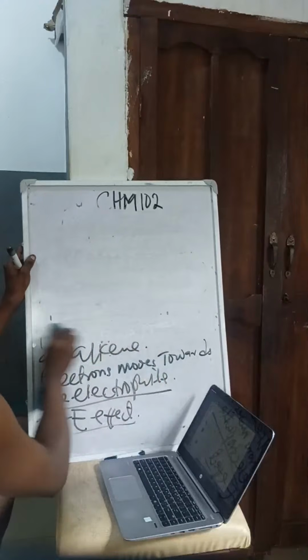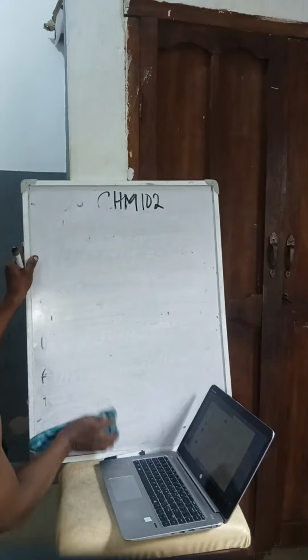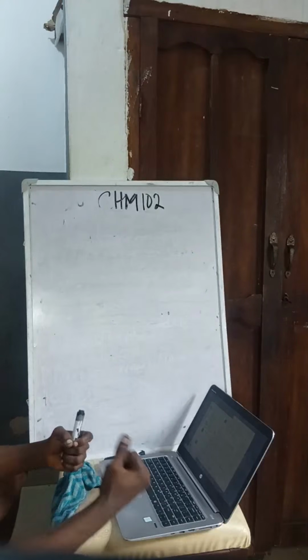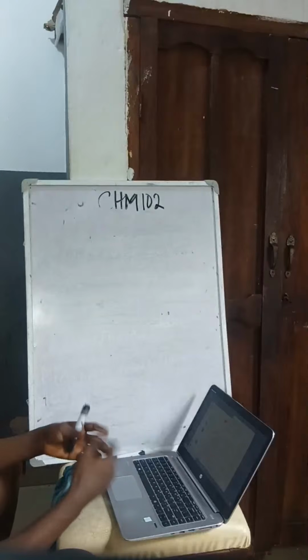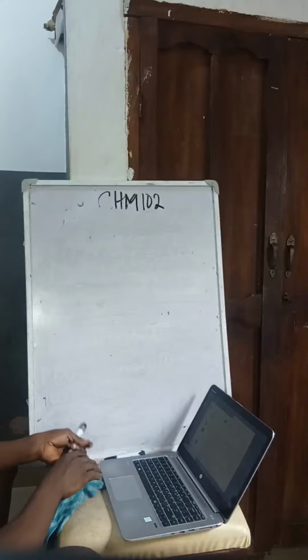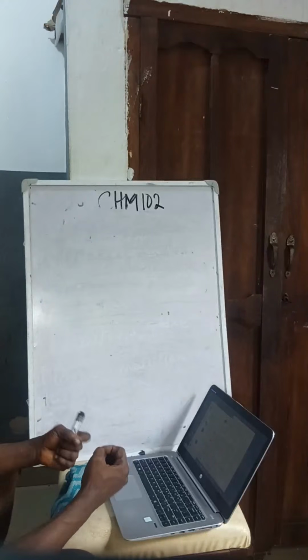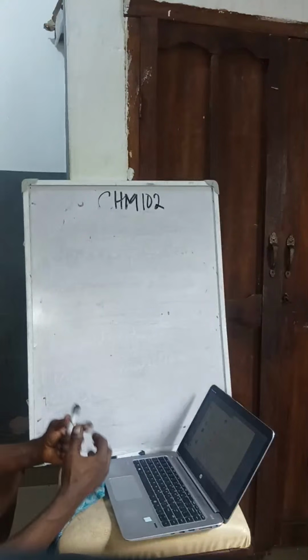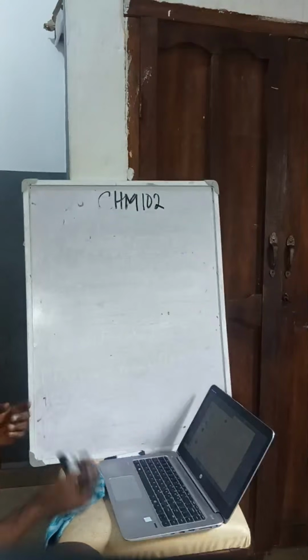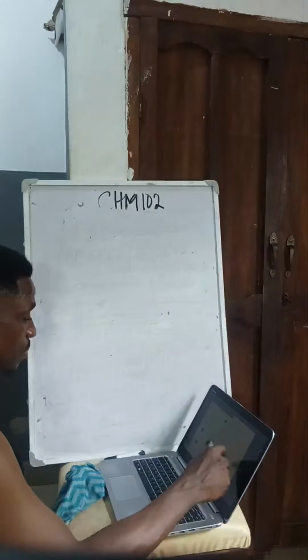Now, when you have addition of HCN to an alkene, HCN will produce cyanide, and cyanide is a nucleophile, electron rich. When we have a nucleophile, the effect is negative electromeric effect.